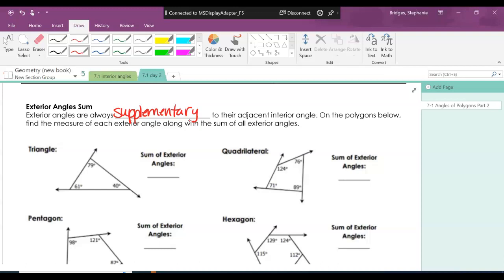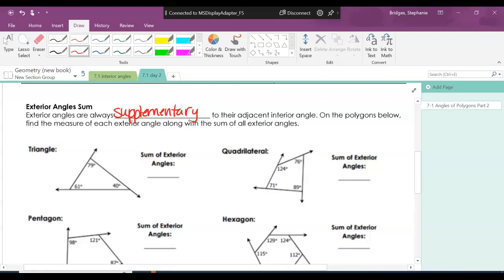Exterior or interior? Exterior, and then this one would be interior. It's saying that these two are supplementary. So let's say, for example, if that were 120, what would that have to be in order for them to be supplementary? 60. Okay, they always add up to be 180. They're always supplementary. That's what that's mentioning.